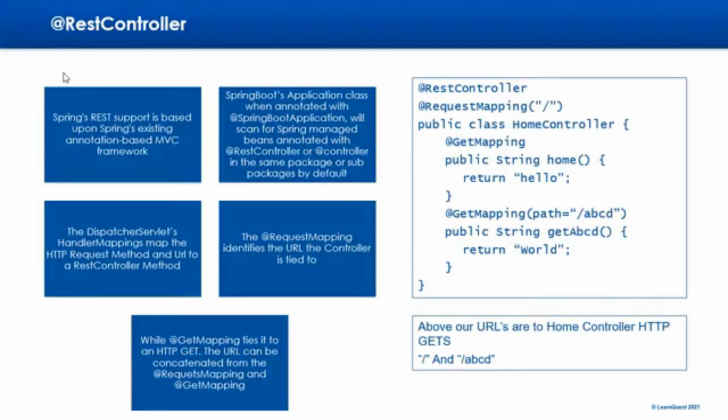I come to the home controller because everything goes there because it's just slash. And then I look for something that's an HTTP GetMapping method. There it is, get abcd. And it's saying concatenate abcd onto the URL that I map to. So if you pass in /abcd, you will return world.